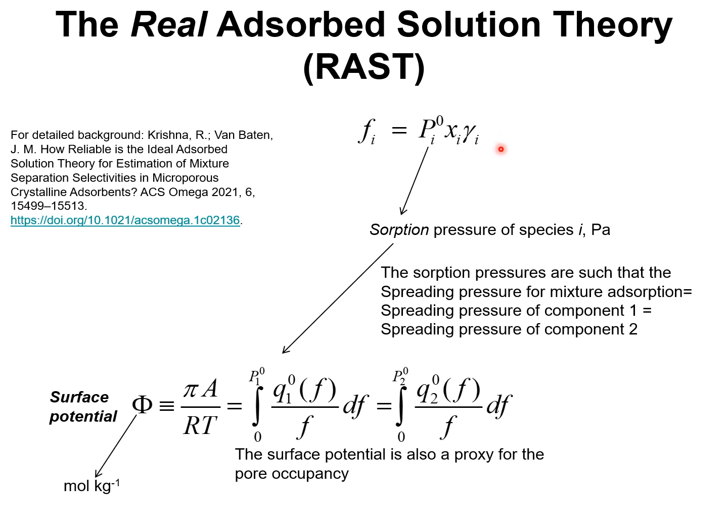The introduction of activity coefficients into this expression results in the theory that is termed the real adsorbed solution theory. The adsorption pressures are calculated in precisely the same manner as for the IAST. Indeed, the surface potential and the adsorption pressures are the same as for the IAST calculations.